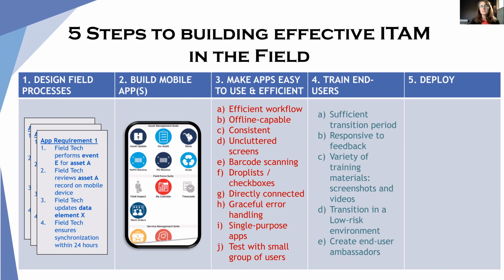It's a lot easier for people to go to a peer than it is to go to someone that they consider an authority figure or higher up, especially if they're not really confident with the way things are working. So I always like the idea of having end user ambassadors within the group of end users that are going to be using the applications.